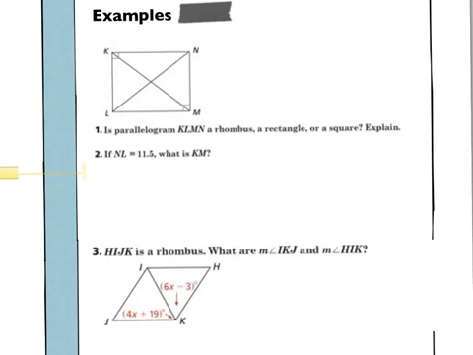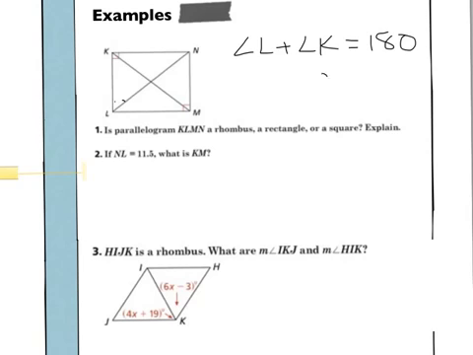Here's example number 1. It says, is parallelogram KLMN a rhombus, a rectangle, or a square? Explain. So let's look at what we have. We've got some right angles marked, and we know it's a parallelogram. So if it's a parallelogram, we know that these 2 angles here, let's call this angle L here, plus angle K, have to add up to 180 because consecutive angles are supplementary, and that's from parallelograms.